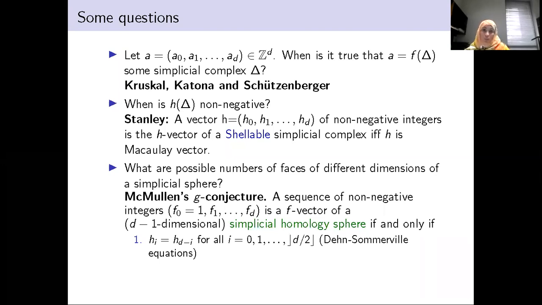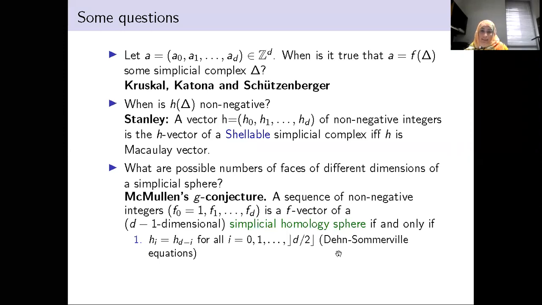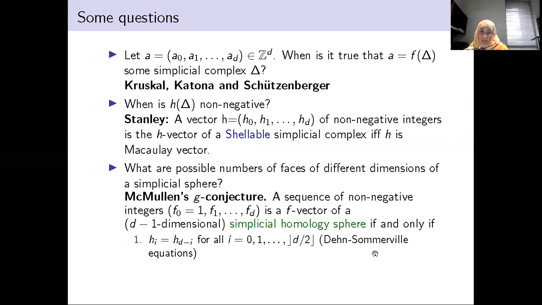This holds if and only if you have the following relations: h_i equals h_{d-i}, which says that the h vector is symmetric. These are called the Dehn-Sommerville equations.